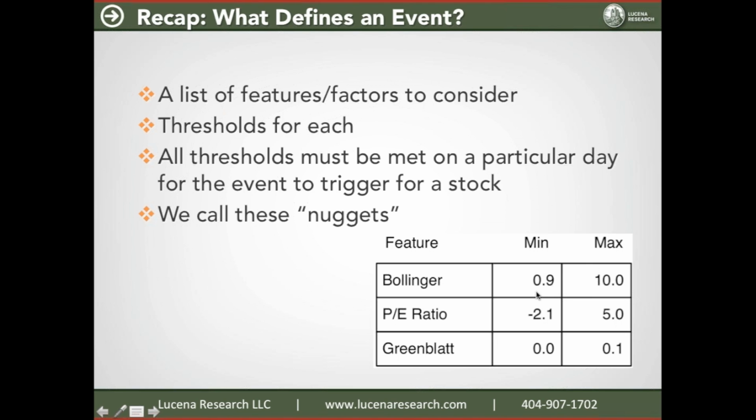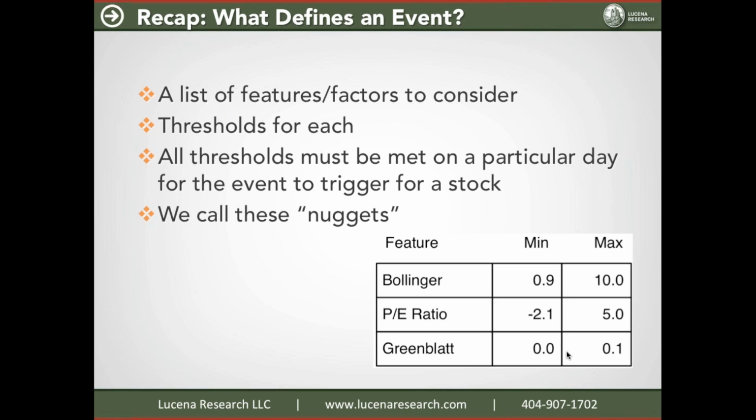And then also thresholds for those factors. So if on a particular day, all of the thresholds for all those factors are met for a specific stock, boom, that's an event. And depending on whether it's a long event or a short event, we buy or short the stock on that day.